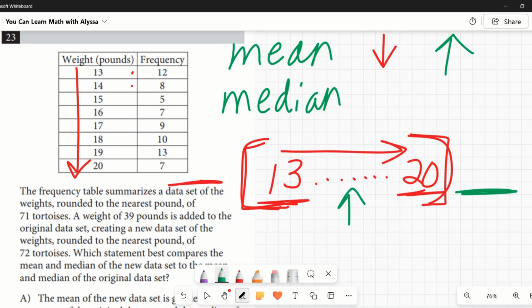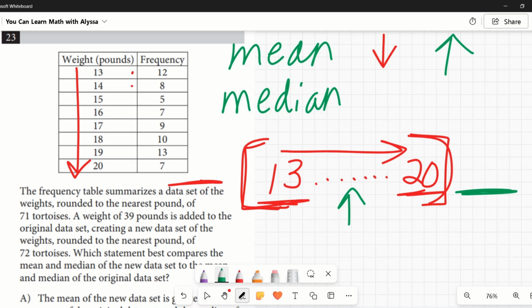I'm not going to go into the details as to how if it's within the middle. If you guys want to know the details about that, I might make a video specifically on that. But that's another discussion, the way to find out if it goes up or down, but that normally doesn't happen on the SAT.